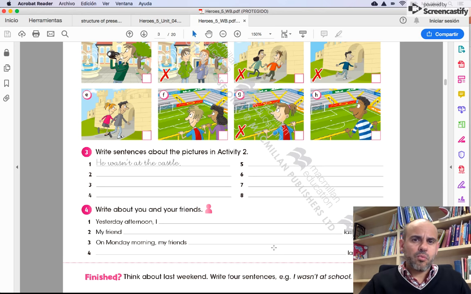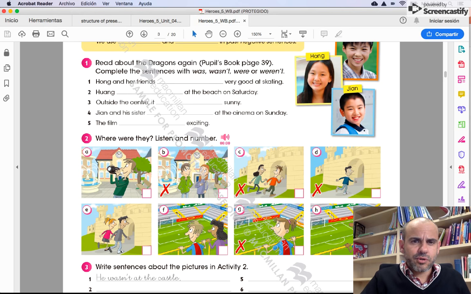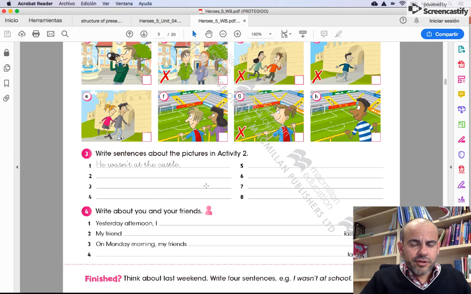So notice how whether we integrate this with the materials in the student book, or we ask for homework, there's the idea that we move from much more controlled practice, in this case written, where the student has just to select the right form, to slightly freer practice.